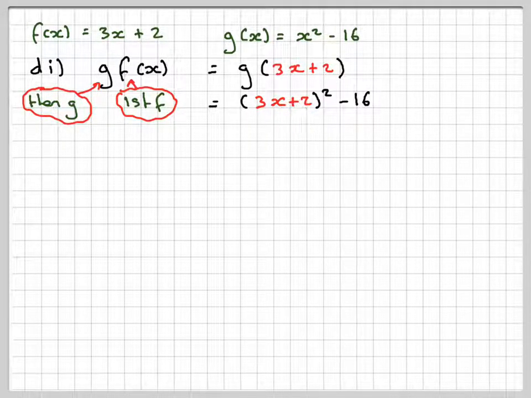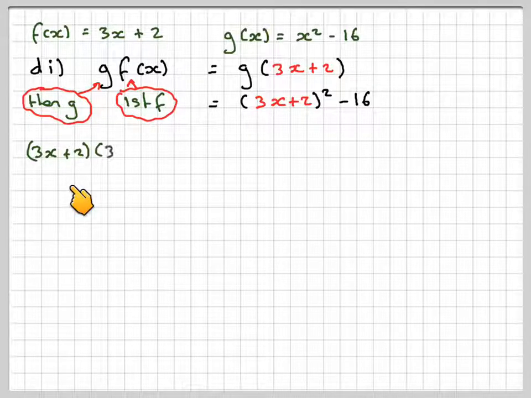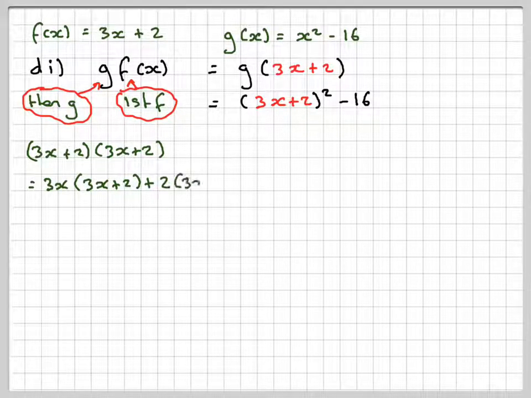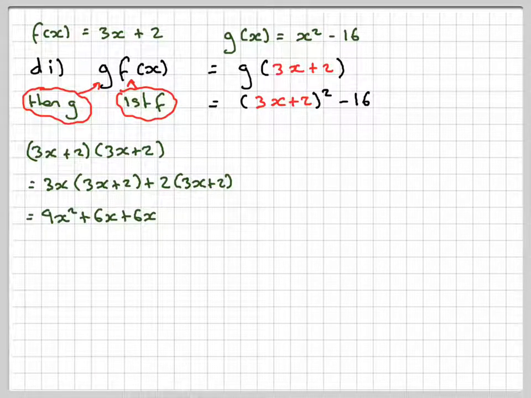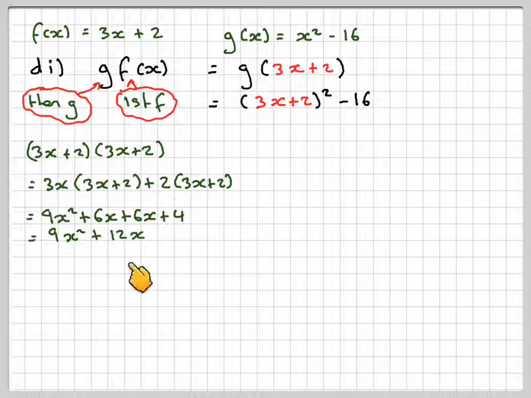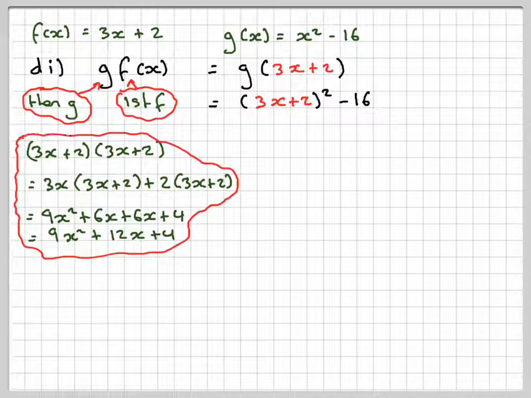So here you have to expand two brackets again, because it's 3x plus 2 times 3x plus 2. So it's going to be 3x times 3x plus 2, plus 2 times 3x plus 2. Then multiplying through, we're going to get 9x squared plus 6x plus 6x plus 4. And then grouping these two terms together in the middle, we're going to get 9x squared plus 12x plus 4.